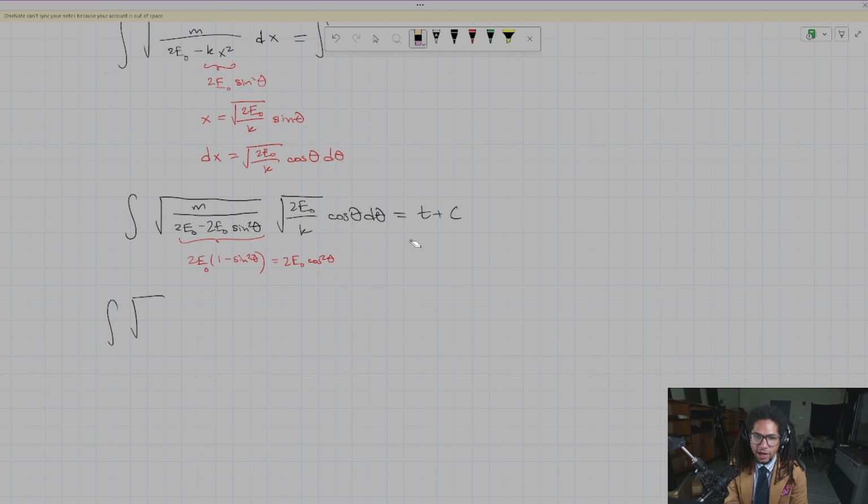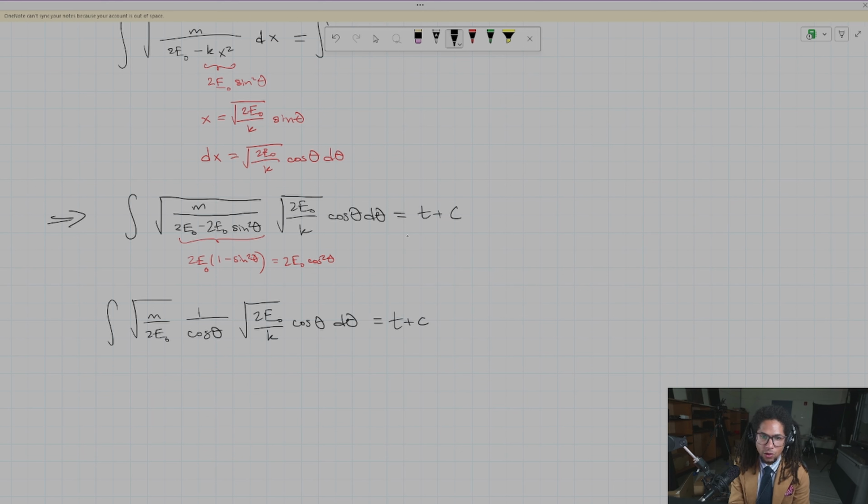Well, I can already separate out an m over 2E naught. Then I have just 1 over cosine squared theta left over, so I'll just get a 1 over cos theta. But then I also have a cos theta from here. So let me make sure I don't forget my 2E naught over k. Cos theta d theta is equal to t plus c. Should be noting that all of these are implications.